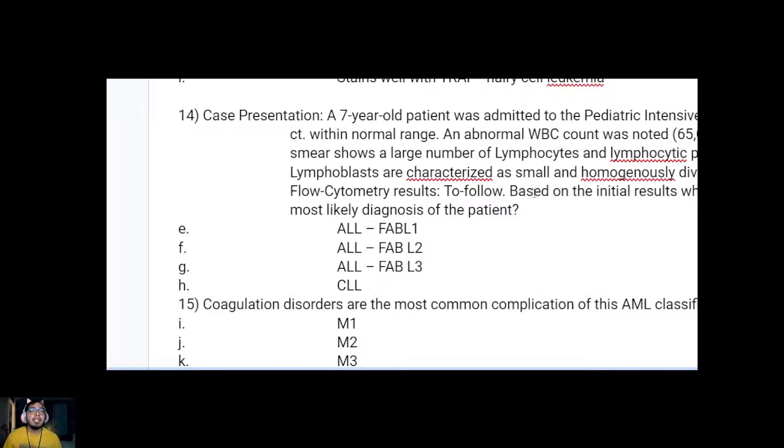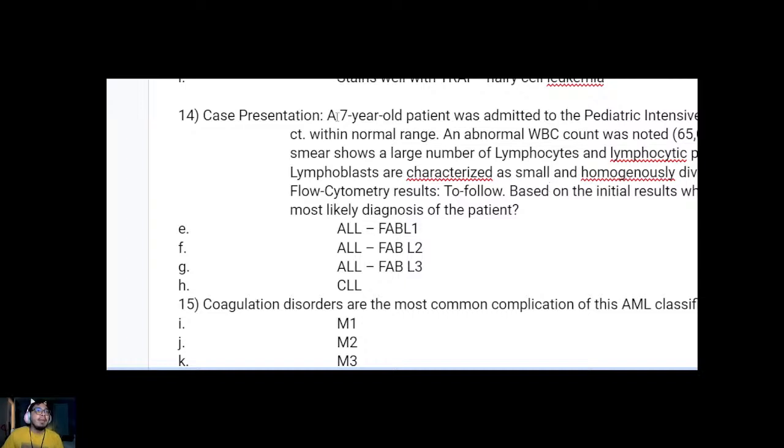Lymphoblasts are characterized by small, homogeneous, diverse morphology. Flow cytometry results were as follows. Result to follow. Obviously, hindi din. Siyempre, kapag mga case analysis ko, laging to follow yung mga diagnostic markers. Di ba? Based on the initial result, what would be the most likely diagnosis of the patient?